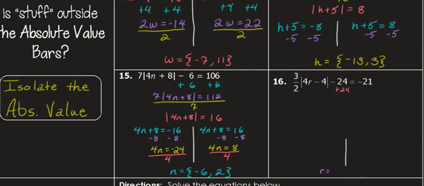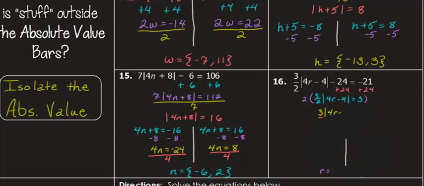Add 24 to both sides. This gives me 3 over 2 absolute value of 4r minus 4 equals 3. Fractions can be easily eliminated in equations by multiplying by the denominator. So I'm going to multiply by 2. When I multiply by 2 on the left, the 2's cancel, leaving me with 3.